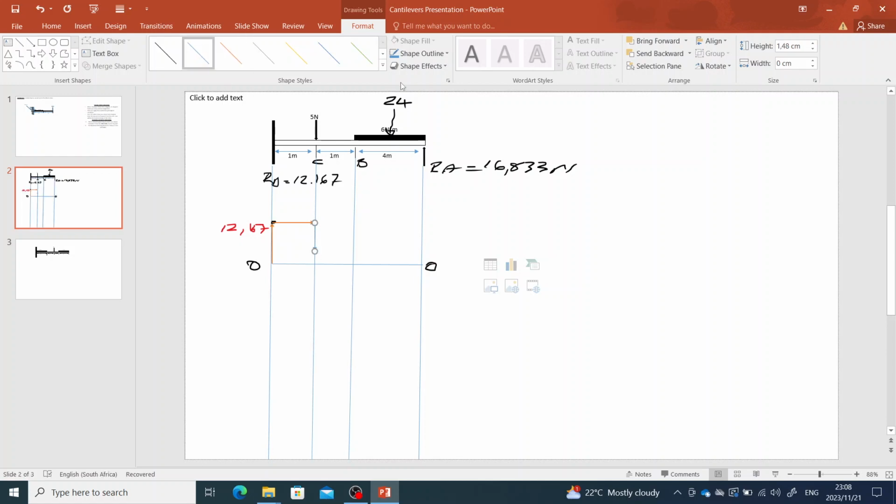There it is. Now, between C and B, there's nothing there. There's no extra load, nothing. We'll then represent that force as a horizontal straight line.